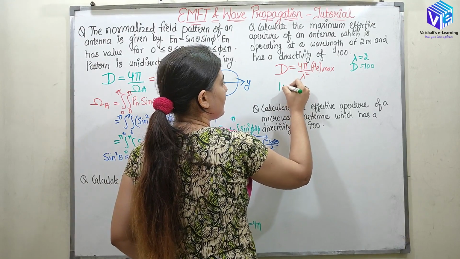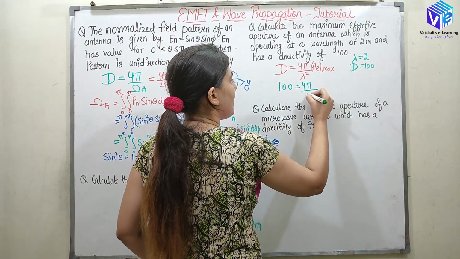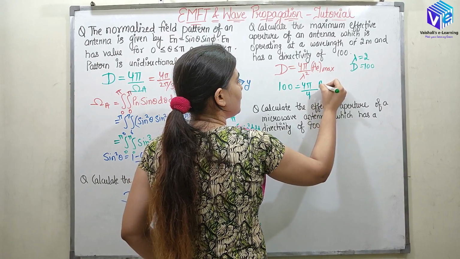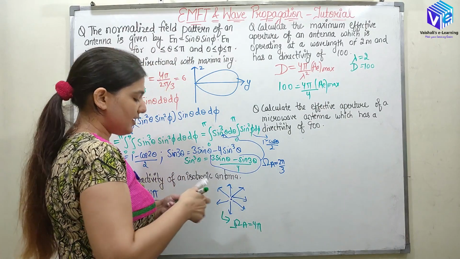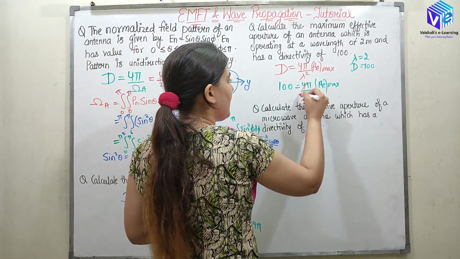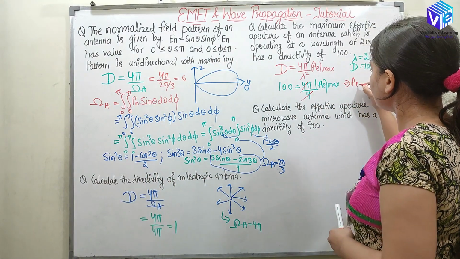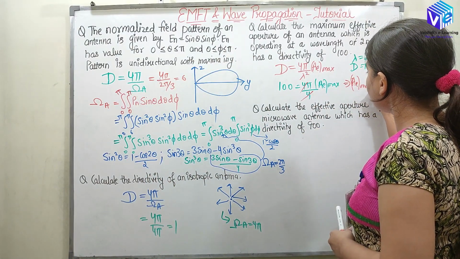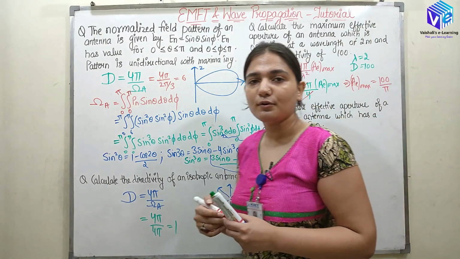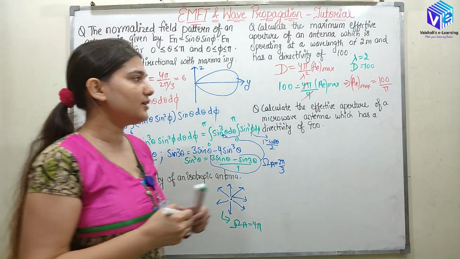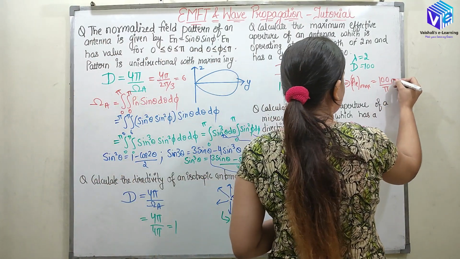D is 100, equal to 4 pi upon 2 square, which is 4, into AE max. Now 4 and 4 will get cancelled out, and the maximum aperture area will be equal to 100 upon pi. I hope you understood this. It's the aperture area, so the unit will be meter square.